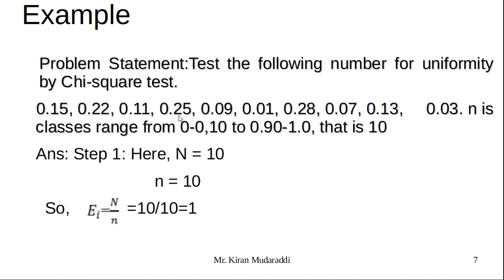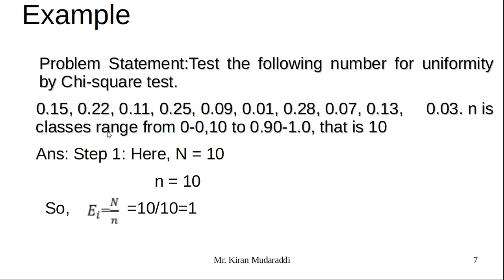The numbers given are some random numbers: 0.15, 0.22, and similarly it goes ahead with 0.13 and 0.03. Totally, there are 10 numbers, 1, 2, 3, 4, 5, 6, 7, 8, 9 and 10.